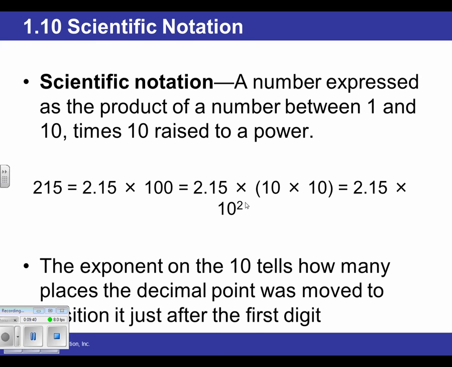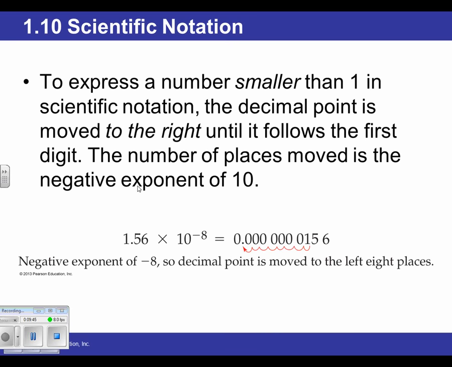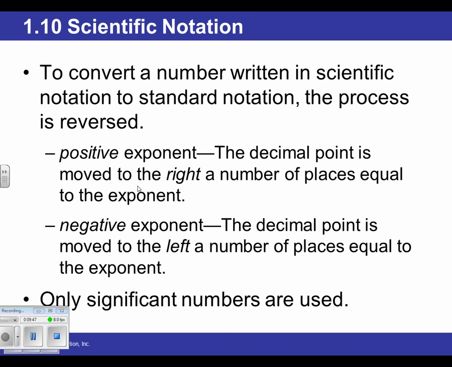If you see a positive exponent, the number is going to be greater than 1, or actually greater than 0. So restating that, with a positive exponent, the decimal point is moved to the right the number of places equal to the exponent. If it's negative, it's moved to the left. And you only use the significant numbers when you're solving using scientific notation.